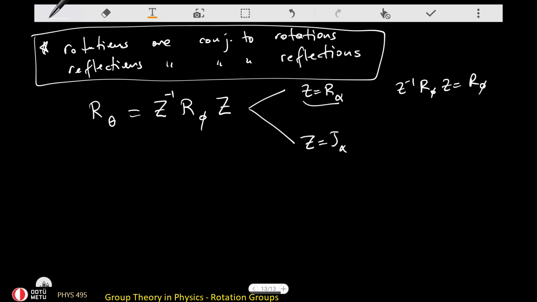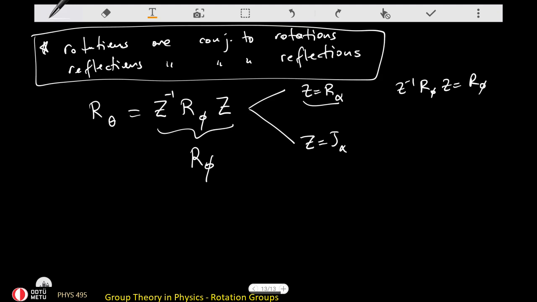So basically, in this case, Z cannot change the angle in here. So as a result, we always get R phi. If we use all the possible proper rotations within the group, I'm not going to get anything new. I'm just going to get the same element, and we know that an element is conjugate to itself. That's it.